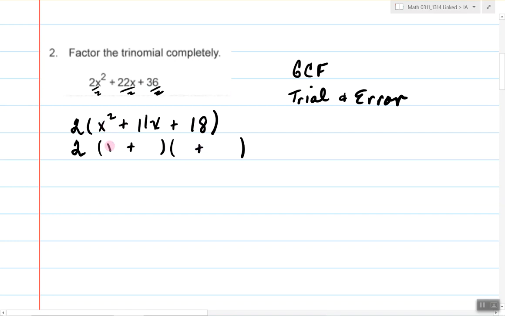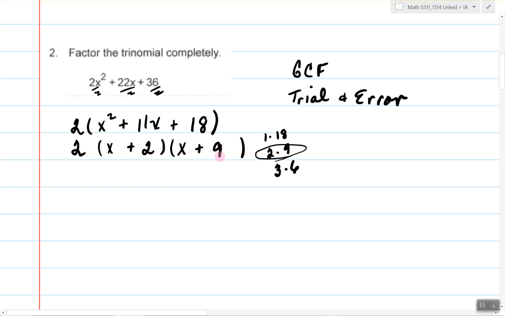To get x squared, I need x times x. To get 18, I will either have 1 times 18 or 2 times 9 or 3 times 6. And because the leading terms just have ones, I just need to look at these and see which one gives me a sum of 11. And it's 2 and 9.